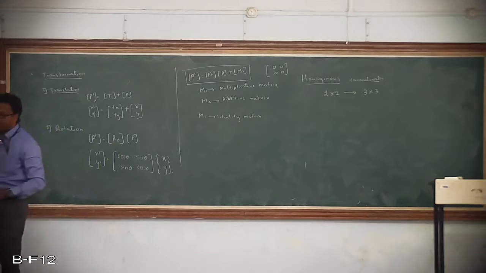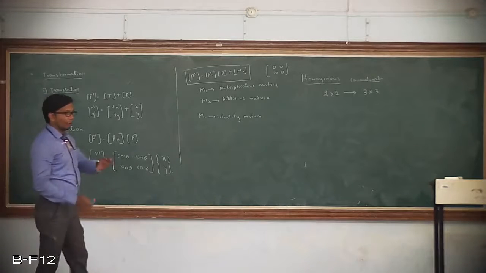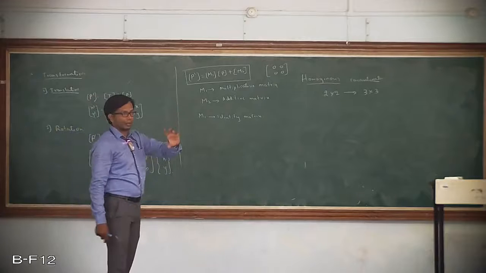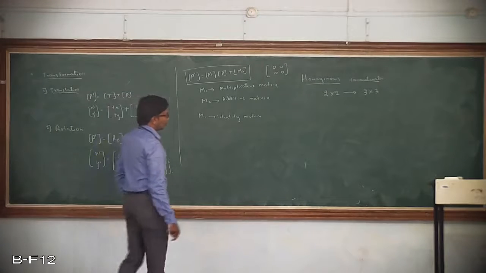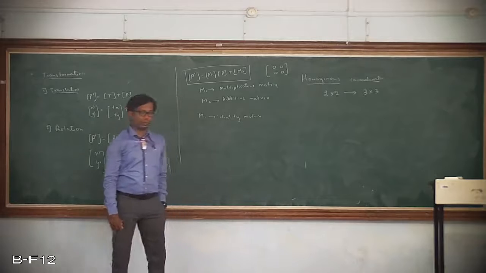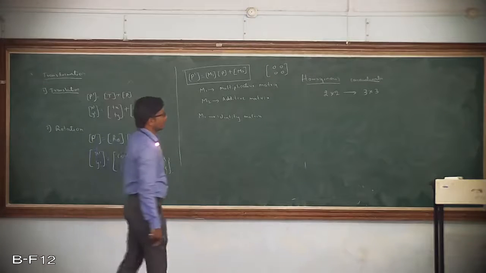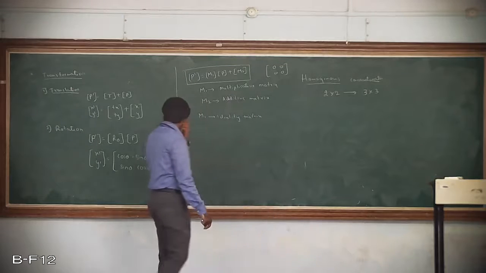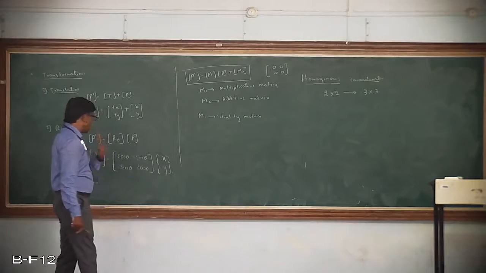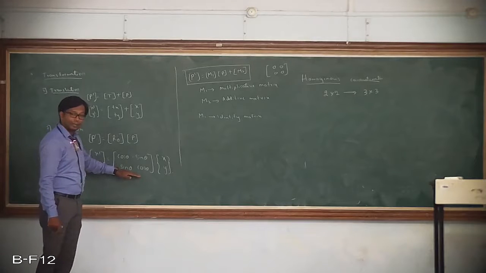When a series of operations comes, where it has to be rotated and scaled at certain instants, to do it in a single instant we use what we call the homogeneous coordinate. We are adding one more row and one more column to make this 2 by 2 matrix into 3 by 3.